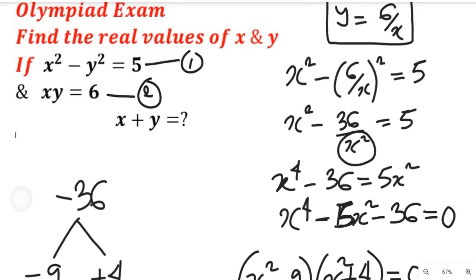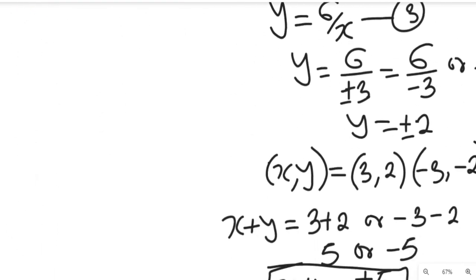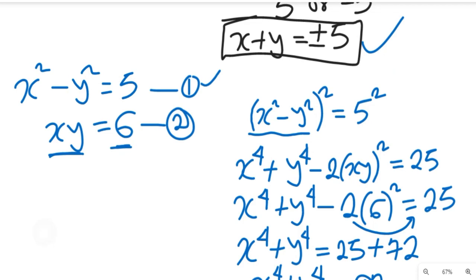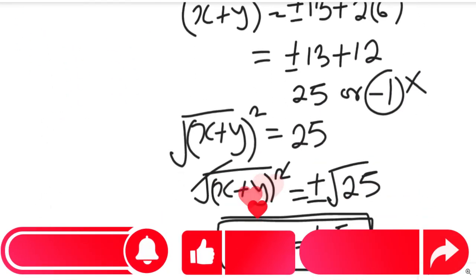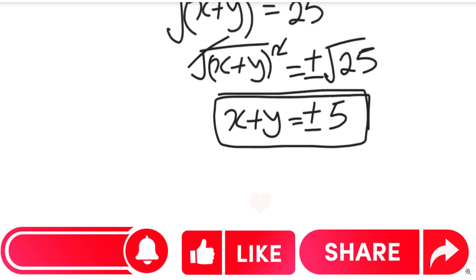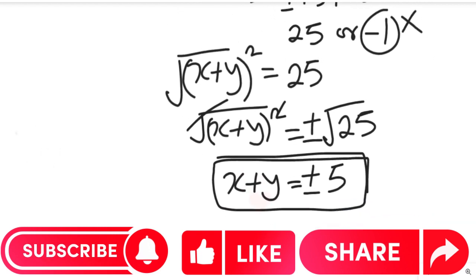So the real values of x plus y are plus or minus 5, which is a positive 5 and a negative 5.